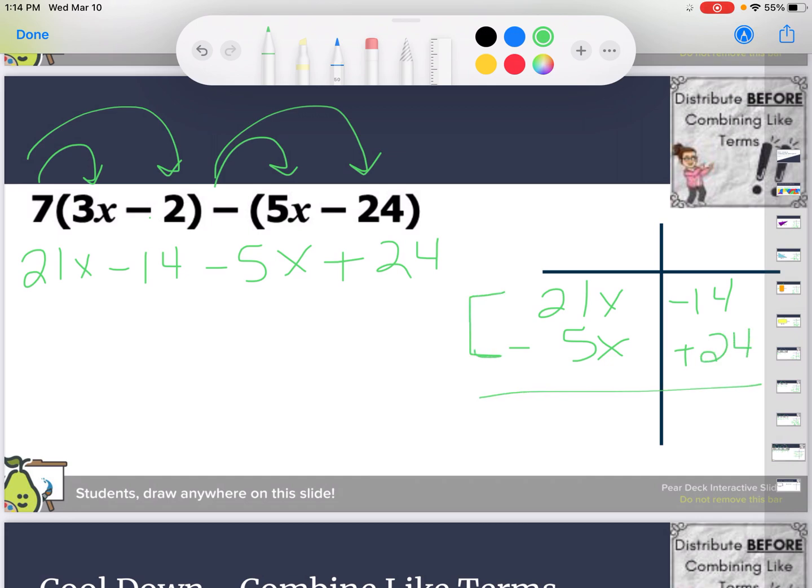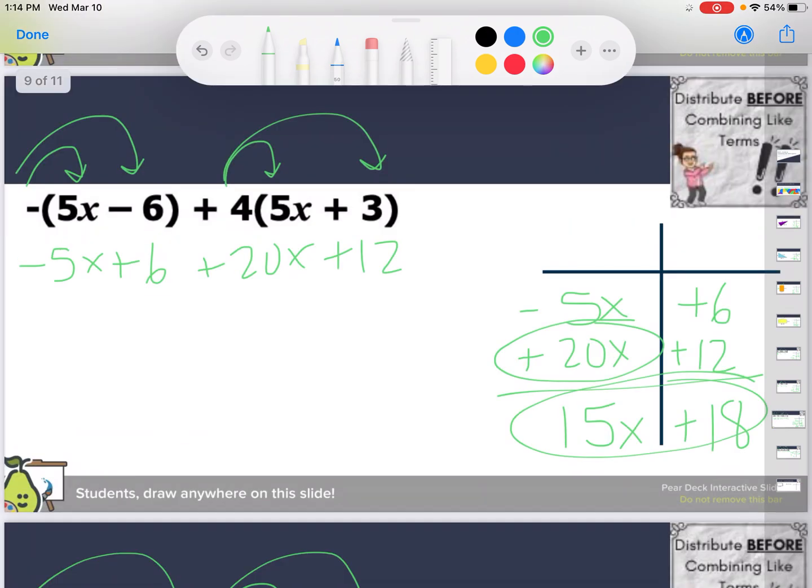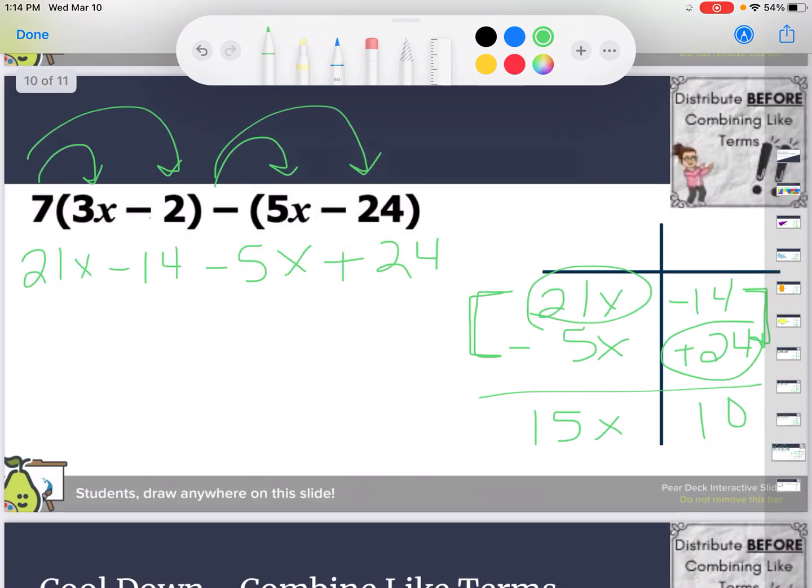So my signs are different, so I have to subtract, and I get 15x. It's going to be positive because the larger absolute value is positive. And then minus 14 plus 24, I've got two different signs. 24 minus 14 is 10. And it's also going to be positive because the sign of the larger absolute value is positive. So it's going to be 15x plus 10.